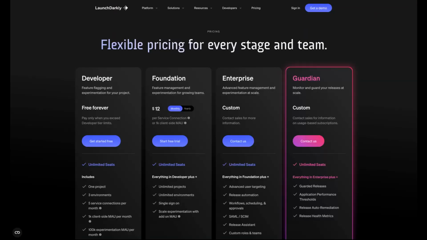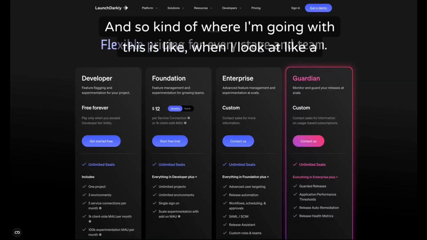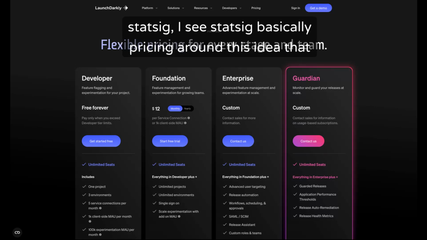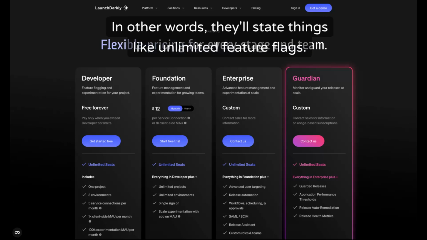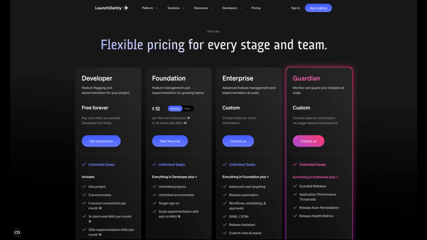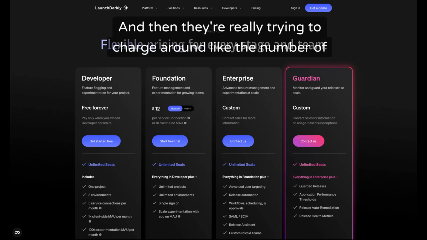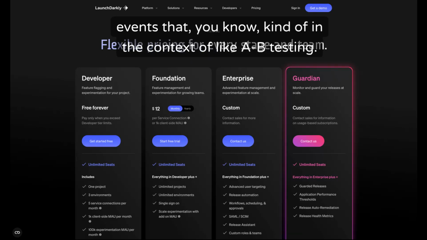I think so. And where I'm going with this is, when I look at Statsig, I see Statsig basically pricing around this idea that feature flagging should be free. In other words, they'll state things like unlimited feature flags. And then they're really trying to charge around the number of events, in the context of A/B testing.